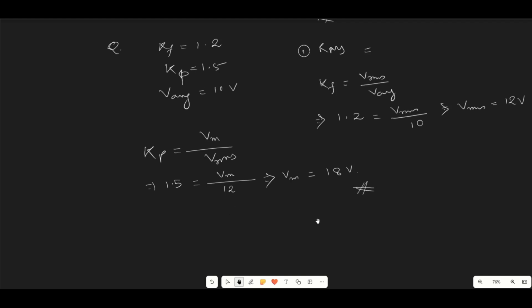Now another type of numerical which you may encounter, suppose you have a signal like this. Instead of having a full sinusoidal signal, we are having the signal up to this point, then a straight line, then suppose it continues like this.